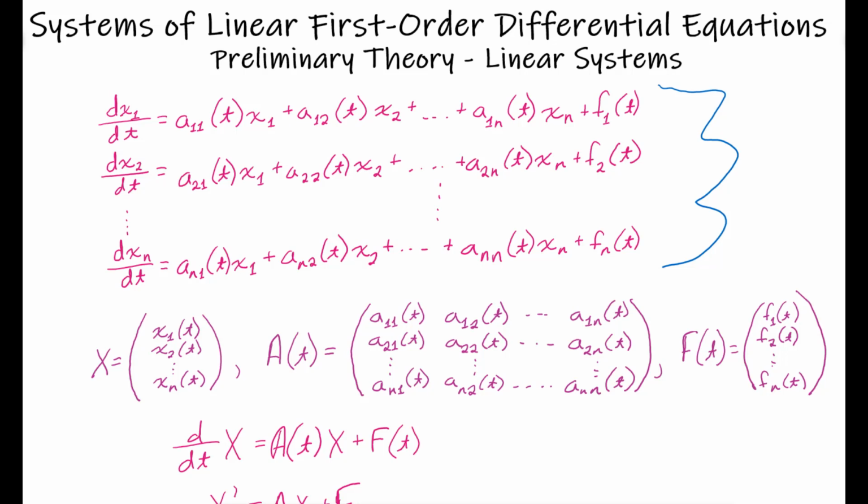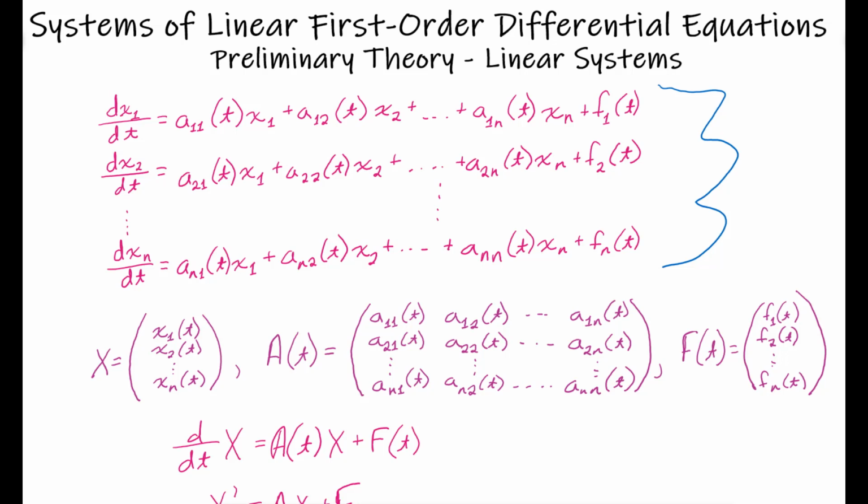And then they all have the possibility of some function of t that doesn't involve x's at all. Now, it's important to note that a lot of these coefficient functions are likely to be 0 in any application, but the possibility of them being there is present.